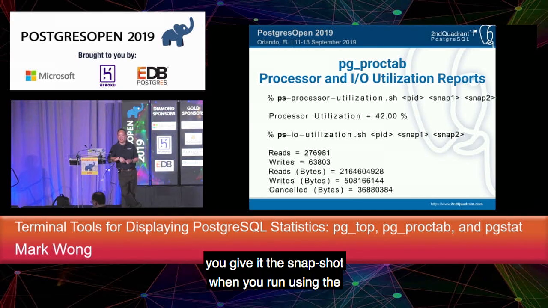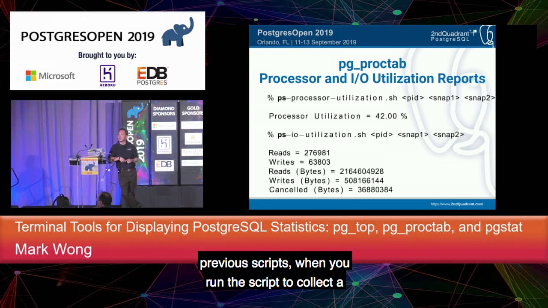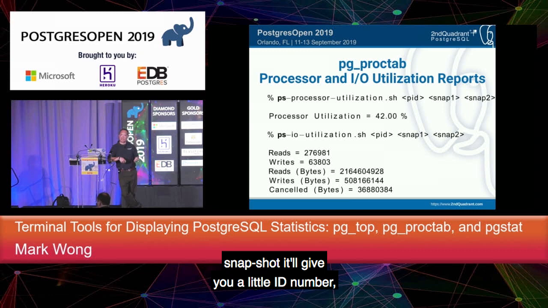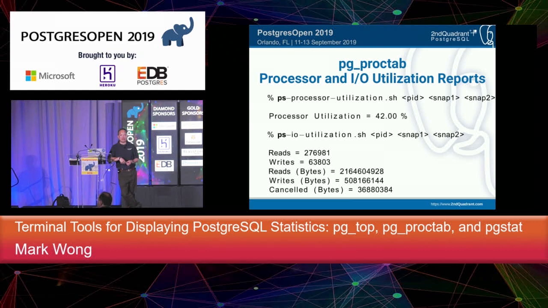You give it the snapshot. When you run the script to collect a snapshot, it'll give you a little ID number, to help you remember what it is and when you ran it.